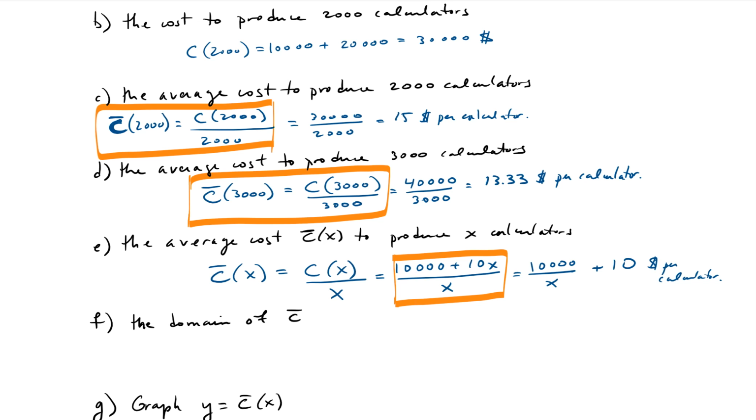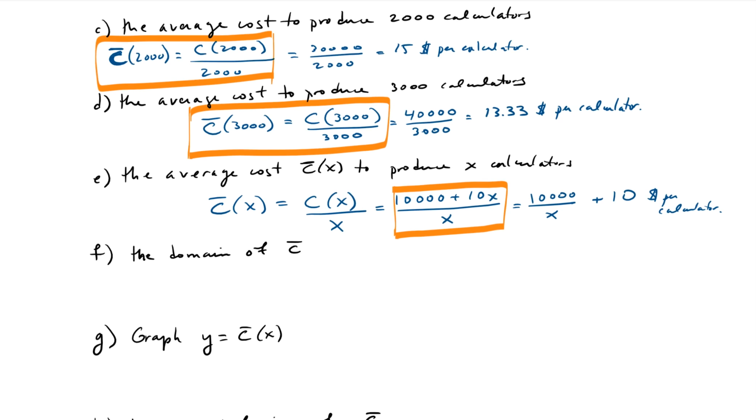What's the domain of C bar? So here I want the domain in the context of the problem. So we're producing calculators. So x obviously cannot be negative. On the other hand, I realize you cannot produce 1.5 calculators, but we'll just assume here that we're looking at values of x that are real.